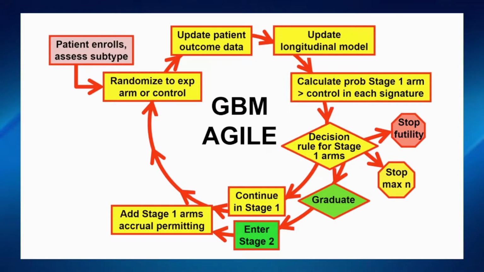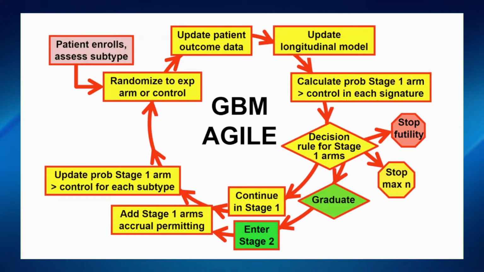We continue, and if accrual is permitting, the reason I say that is we don't want to burden the trial and not be able to get any arms through in any reasonable period of time, like 2 years. If accrual permits, we add additional arms.